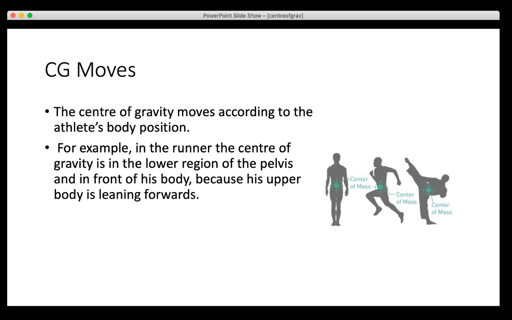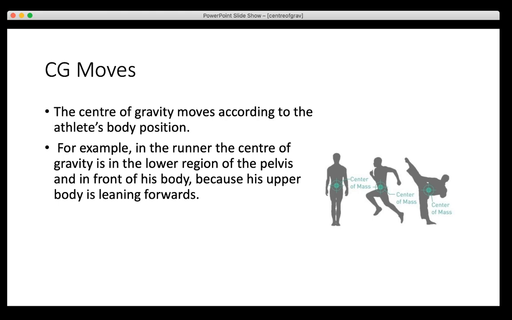For example, for the runner, the center of gravity is in the lower region of the pelvis and in the front of his body. Now remember that photograph which I have shown you just now. It is the same example where it is very clear that in that case your CG point moves forward and it is a little bit lower because his upper body is leaning forward. Why is it happening?